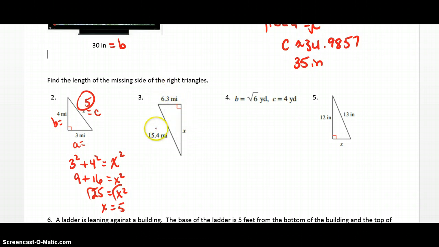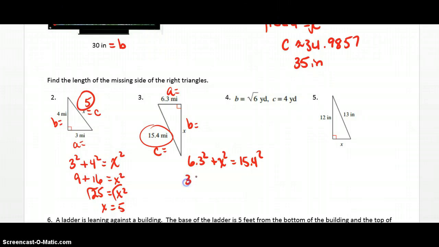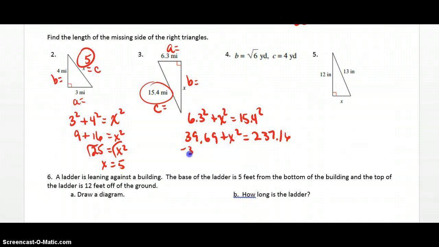If you look at the next one, we actually know the hypotenuse, 15.4. I'll call one of these A, this one B, and my hypotenuse is C. So 6.3 squared plus X squared equals 15.4 squared. 6.3 squared is 39.69, and 15.4 squared is 237.16.